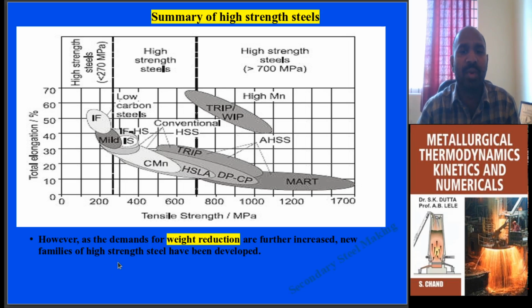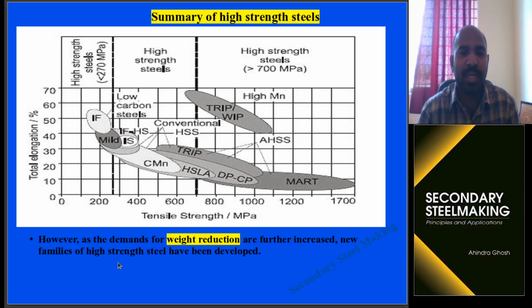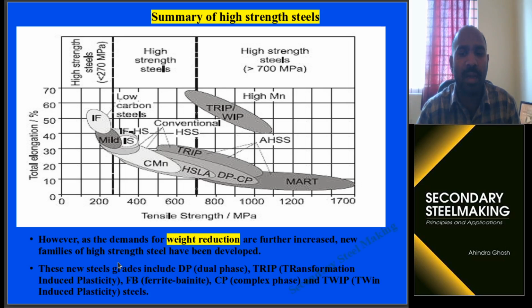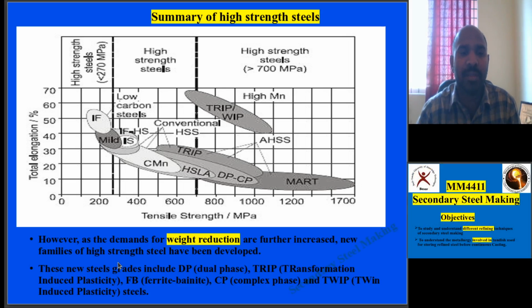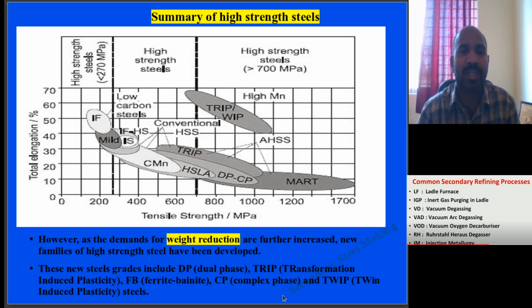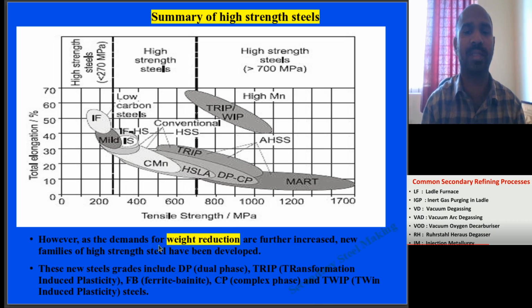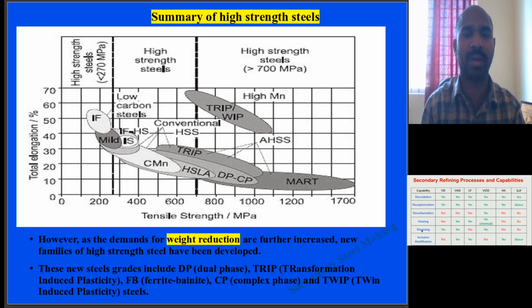The new family of high strength steels is being developed even today, and those new steels, as I emphasized as a part of this topic, are dual phase steel, transformation induced plasticity steel, and ferrite bainite, which is another dual phase steel, and complex phase steel, DP steel and complex phase steel, and twin induced plasticity steels. These are the varieties of steels emphasized today.